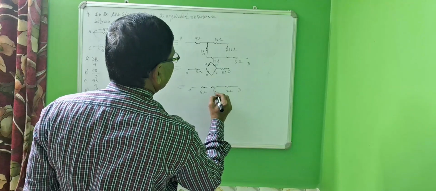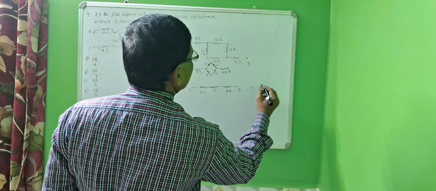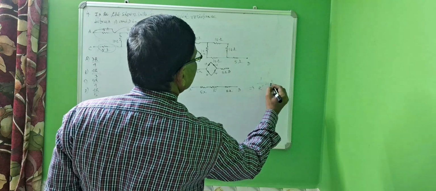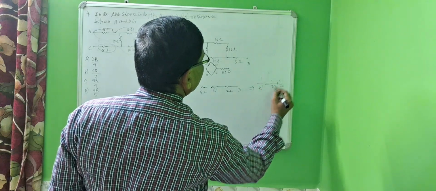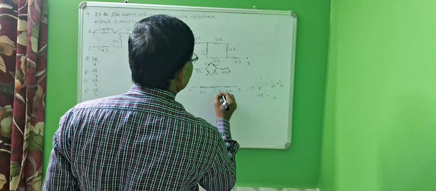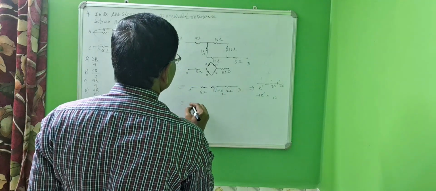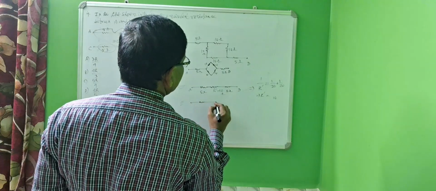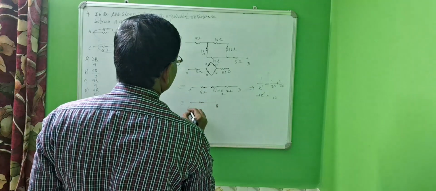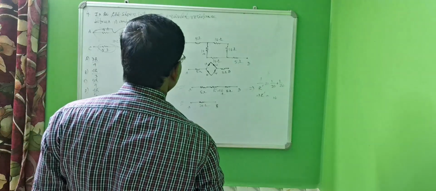So 1 by RS equals 1 by 20 plus 1 by 20, which implies RS equals 10. So RS equals 10. So equivalent resistance is 20 ohm.